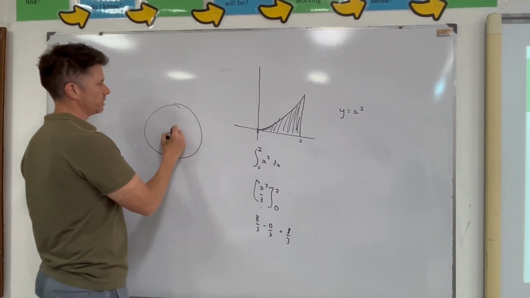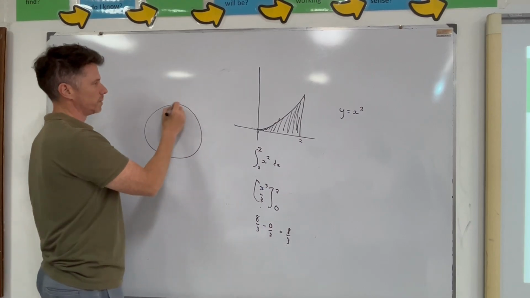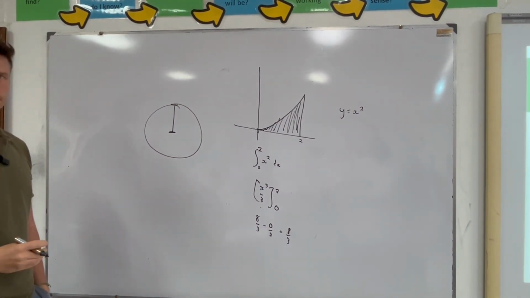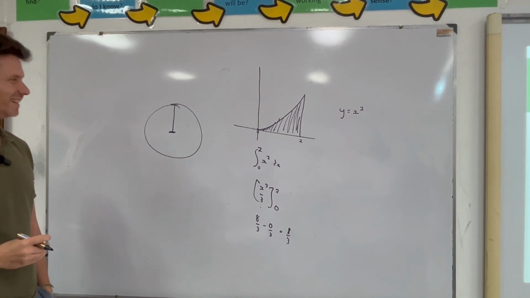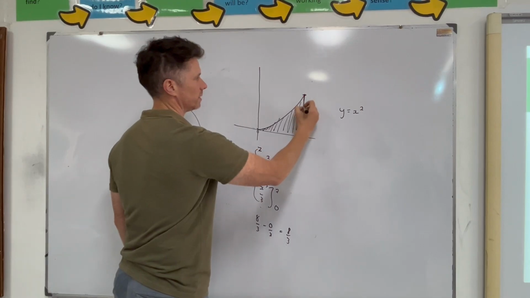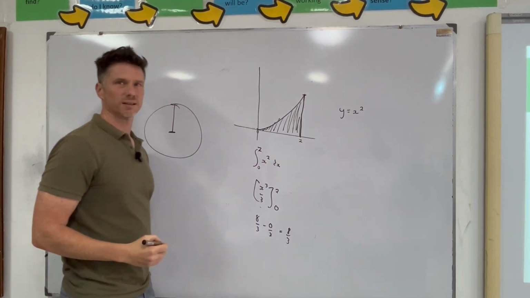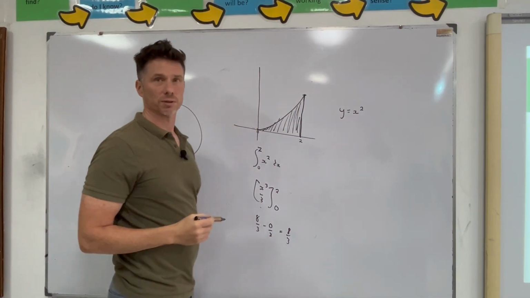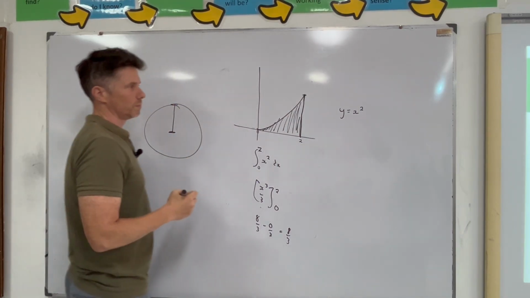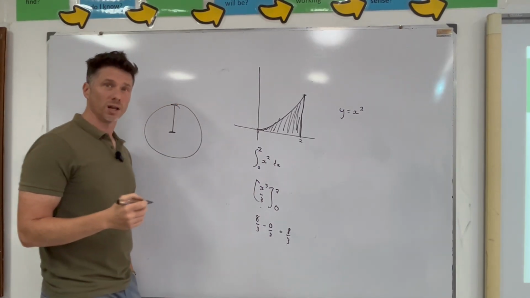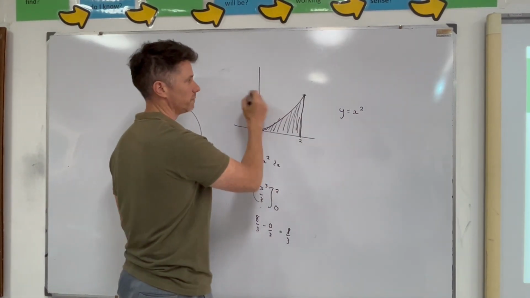What is the radius of the end of this circle? It's going to be whatever this height is here, yeah? How do I get that height? From the function, I sub whatever the x value is into the function. But for all along this, the y value would be its height.